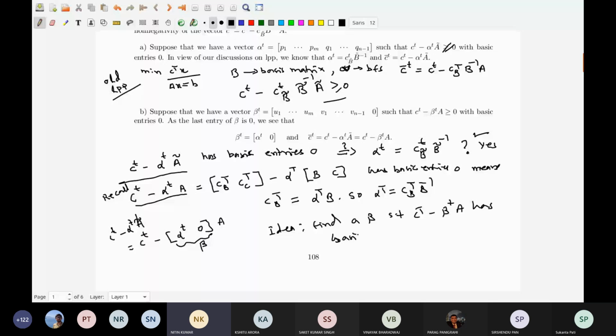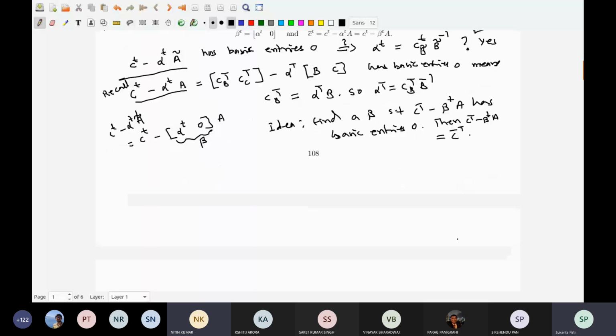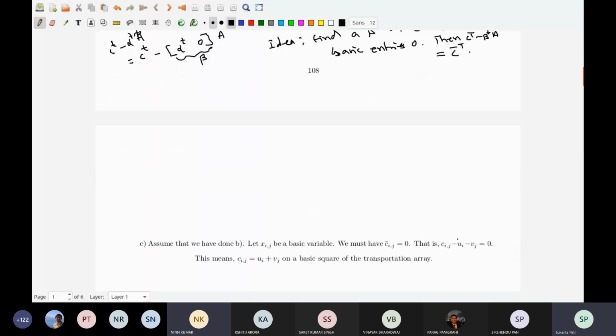And then C transpose minus beta transpose A is equal to C bar transpose. That is what items A and B are saying. So assume that you have done that.